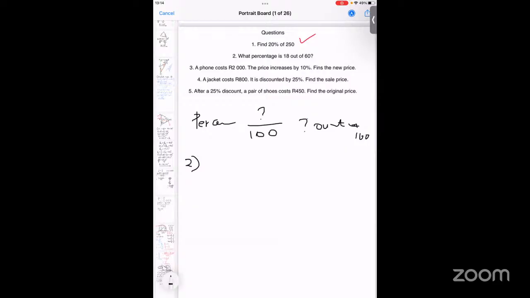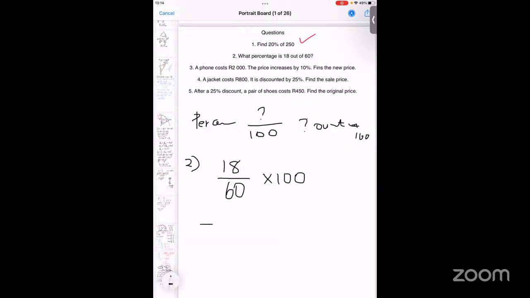Okay, so now in this case, you can see they are saying 18. Remember, the out of would mean you divide by that number, which will be that ratio. And then for you to convert it to a percentage, you will need to multiply it by 100.